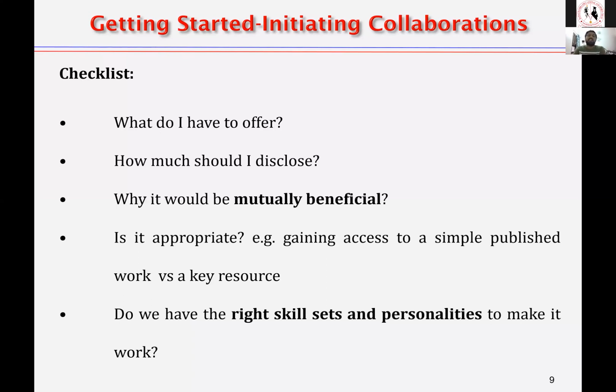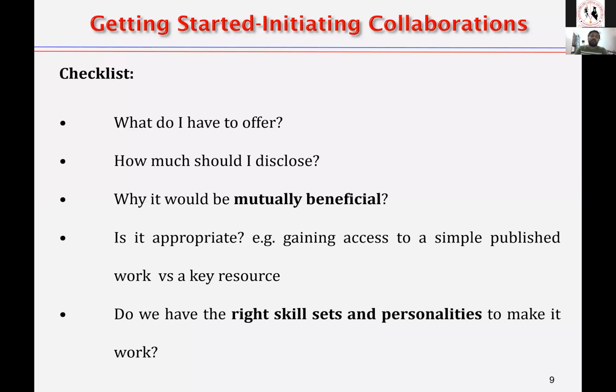It's unlikely that it will last long. It will end with a sore experience, as the very experienced person expects all the work to be done by the young researcher. He will just give some inputs, or he will be looking at the overall picture, and all the work should be done by the young researcher.